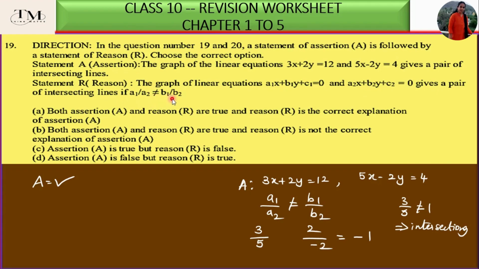So this is the correct reason for the statement A. So reason R is also correct. That means which option is the correct option? Option A. Both assertion and reason are true and reason R is the correct explanation of assertion A. So option A is the right answer. Okay children? First option is the right answer.